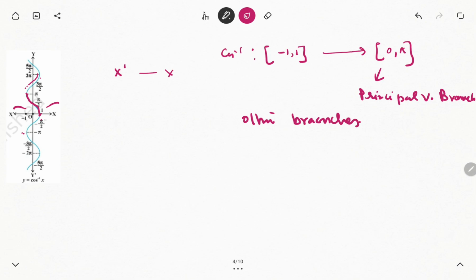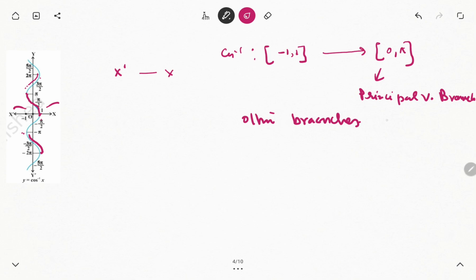The graph is given, and you write from here the value of cos inverse of -1/2. Or they will mention this is one branch and ask you to write down the value of cos inverse of -1 or -3 pi/2.